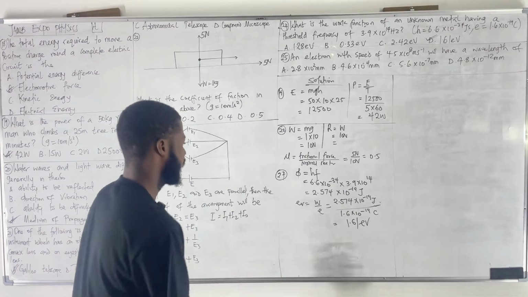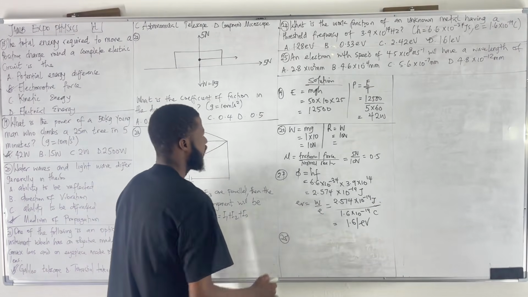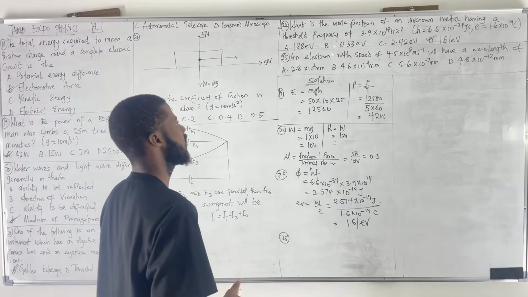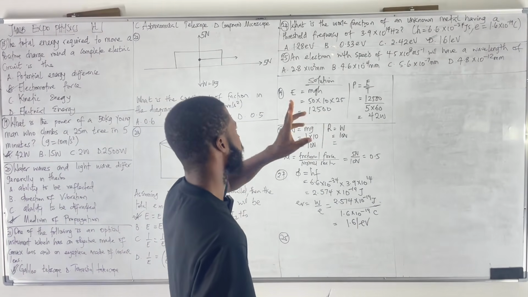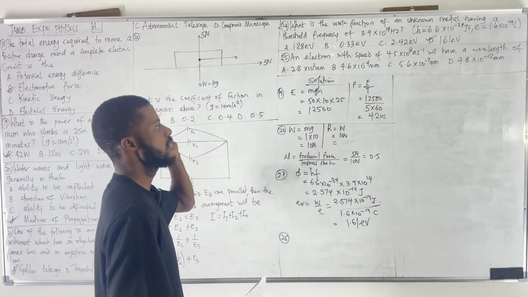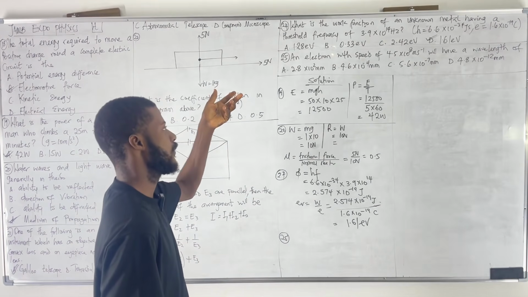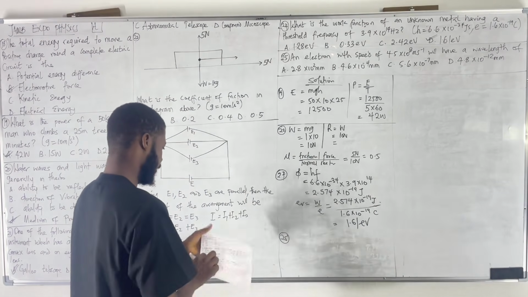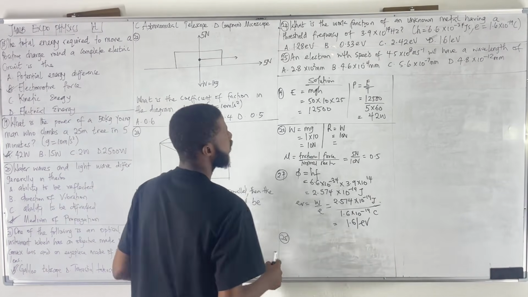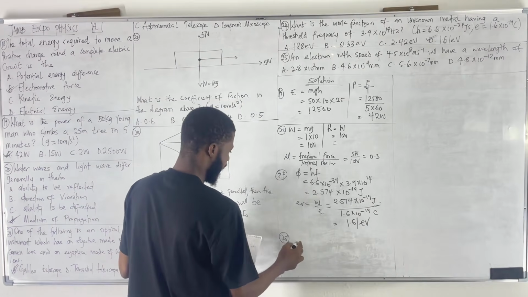Okay, question 25. So an electron with speed 4.5 times 10 to the power of 8 would have a wavelength of this. Now this very question, it seems as if the correct option is not there. So let's put this into play. To start with, we have speed, so that's our v.